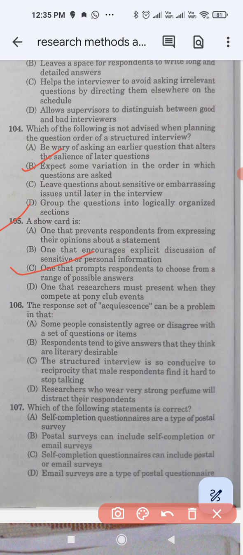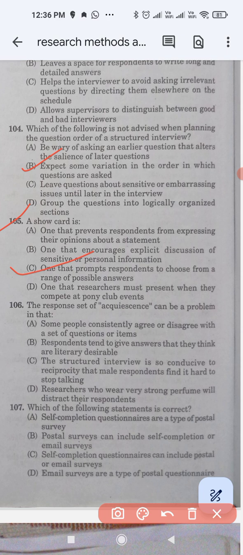Question number 106. The response set of acquiescence can be a problem in that. Option A. Some people constantly agree or disagree with a set of questions or items. Option B. Respondents tend to give answers that they think are socially desirable.